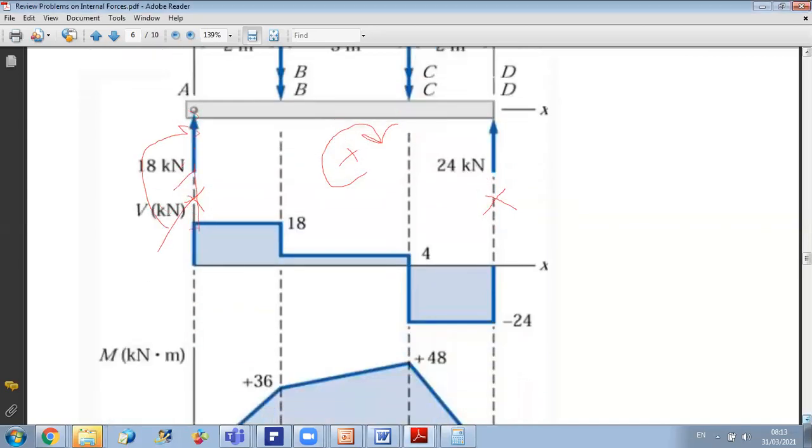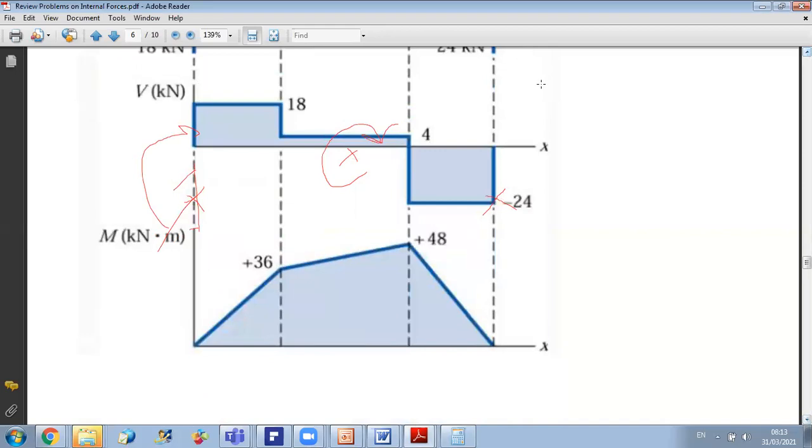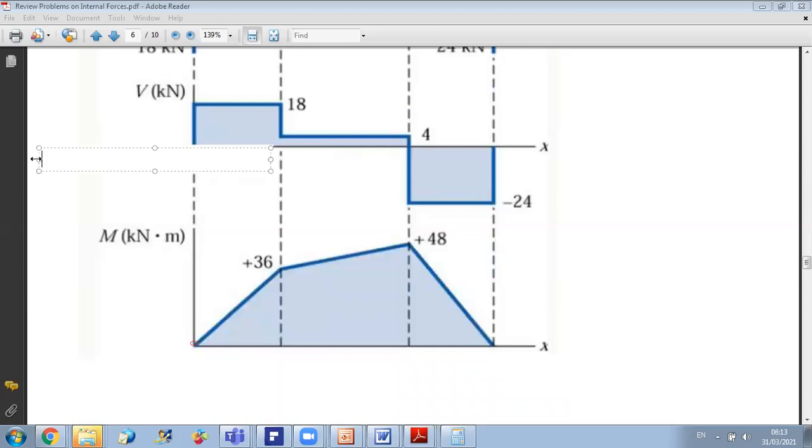And now, to be able to draw the variation of my bending moment, I will look at how my shear is valued. So first I start from zero. We know that V, the shear, is the derivative of M with respect to x.